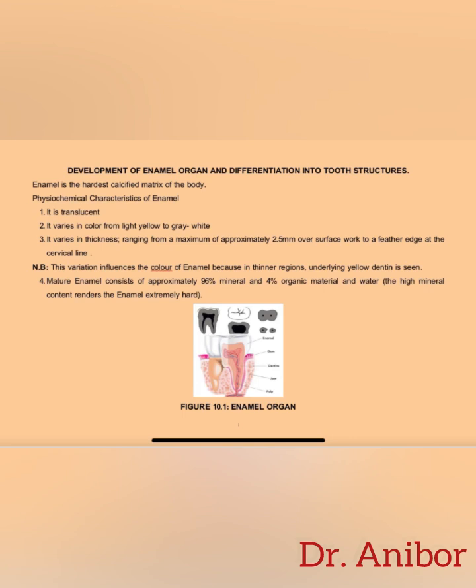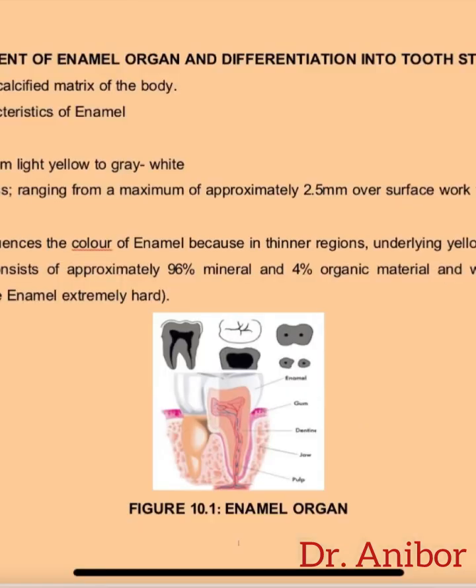Don't forget that this variation in thickness influences the color of enamel because in thinner regions, the underlying yellow dentin is seen, while in the regions that are thicker, you cannot appreciate the color of the dentin, so the enamel appears whiter.